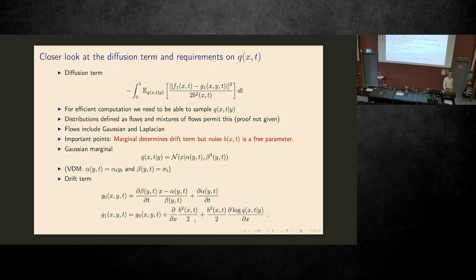SDE, like this. That means we can specify our encoder in terms of these quantities, and then our model is given after this, and then we are of course free. F1 is our generative model. We are free to choose that however we want. But you can see that our drift term in the variational distribution is restricted to something that is linear in the stochastic variable. So it puts restrictions on the drift term.